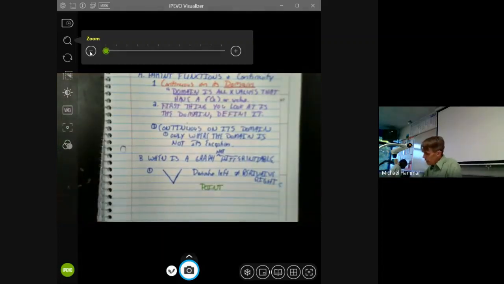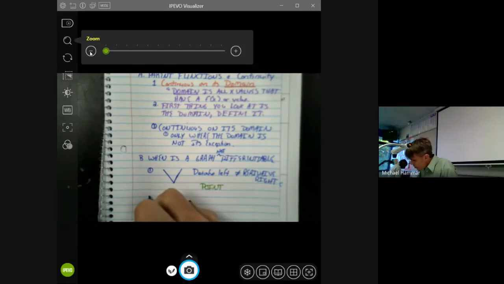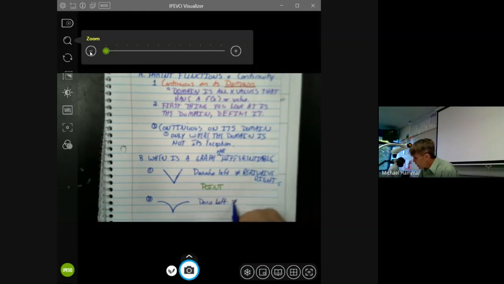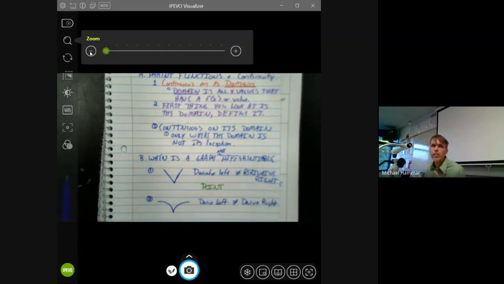Okay? The second case is very similar. It looks like this. Two graphs that kind of curve in like that. Notice again, the derivative from the left does not equal the derivative from the right. Please remember the derivative is the slope of the line. This is called a cusp.